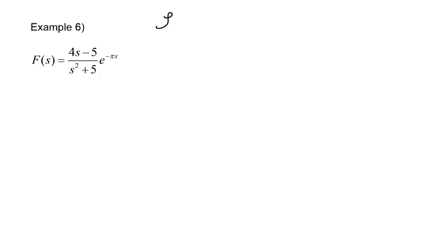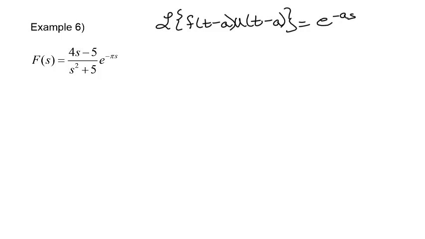It says that the Laplace of f of t minus a times u of t minus a is equal to e to the negative as times cap F of s. Where cap F of s, remember, stands for the Laplace of your function of t.